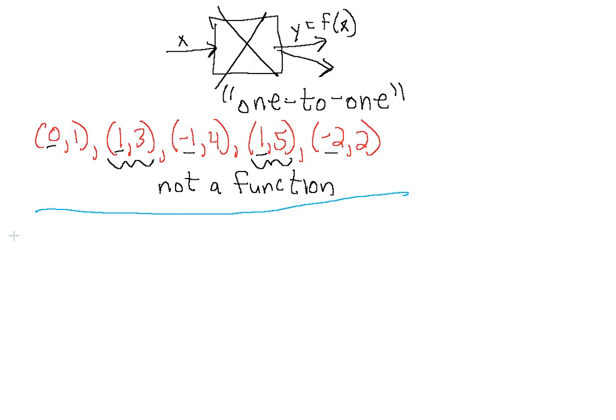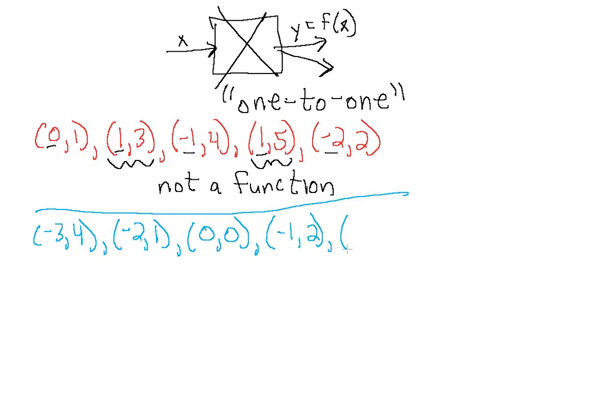Let's look at another one. Let's say we have the relation of the following points. We have (-3, 4), (-2, 1), the origin is included in here, (0, 0), (-1, 2), and (-3, 4).